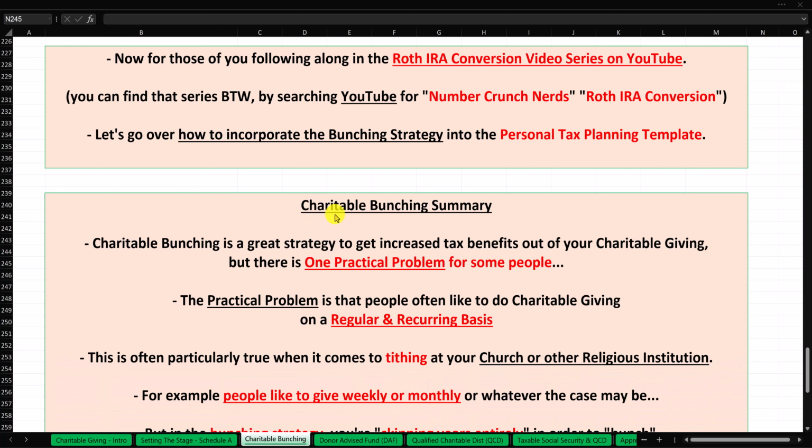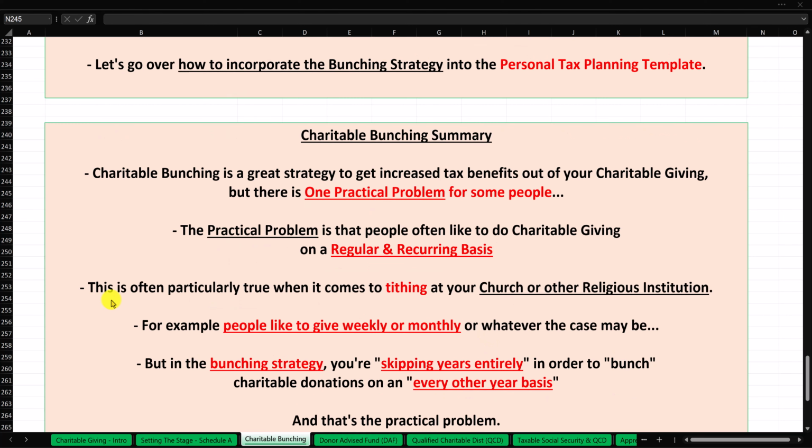All right, let's go over this charitable bunching summary. So charitable bunching is a great strategy to get increased tax benefits out of your charitable giving, but there is one practical problem for some people. And the practical problem is that people often like to do charitable giving on a regular and recurring basis. This is often particularly true when it comes to tithing, for example, at your church or other religious institution.